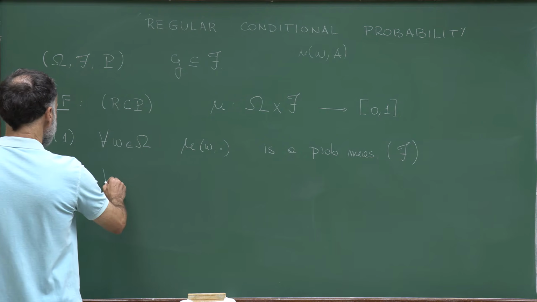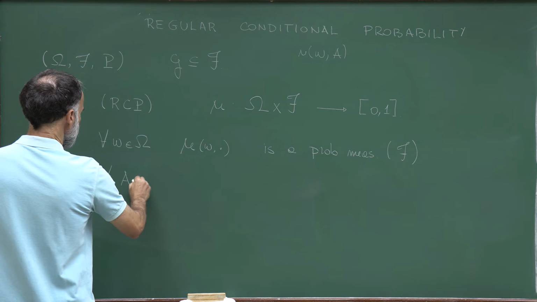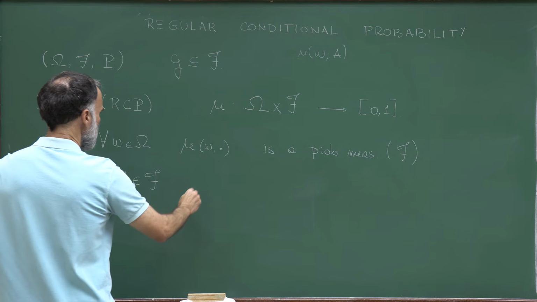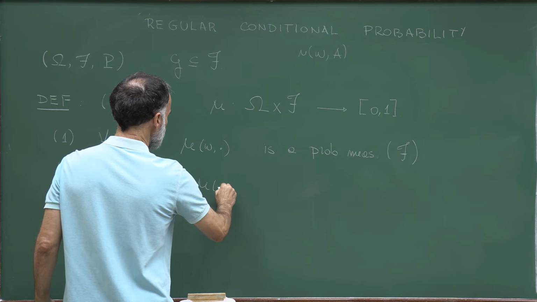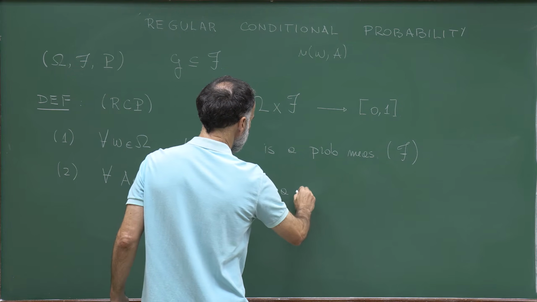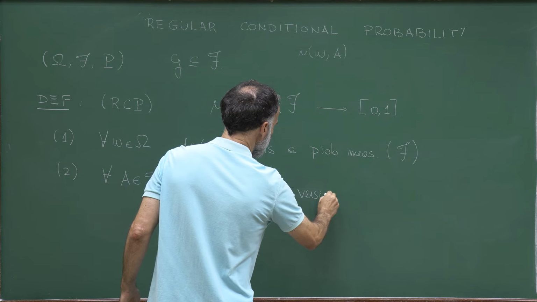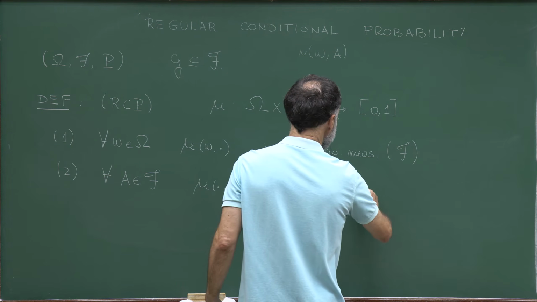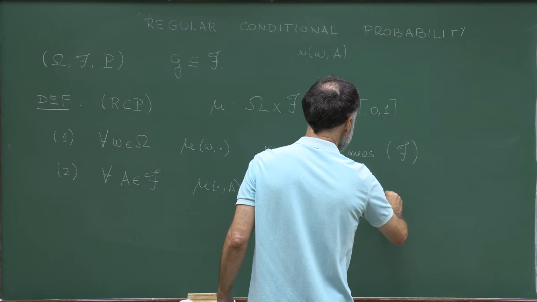This means that for all A in F, the function mu(·, A) is a version of the conditional probability of A given G.